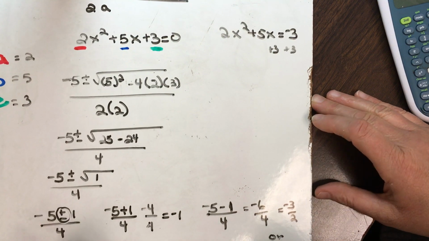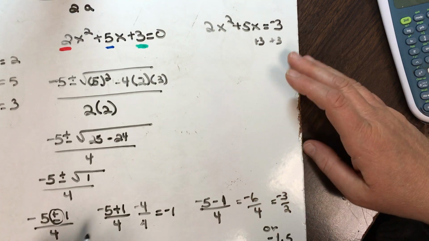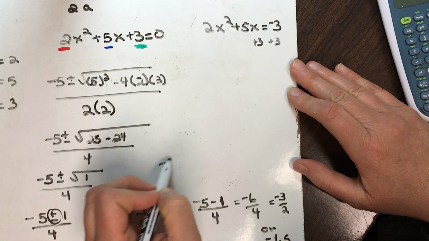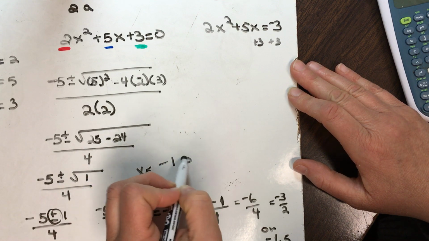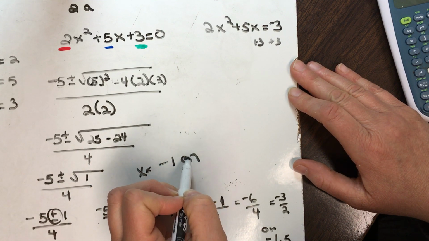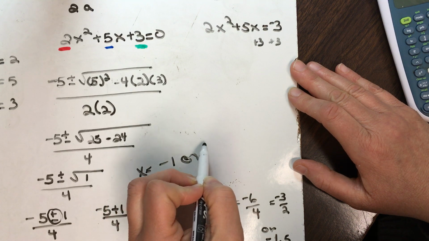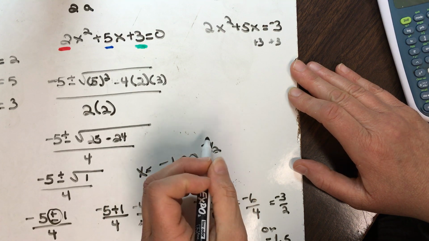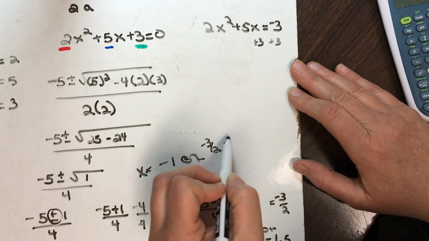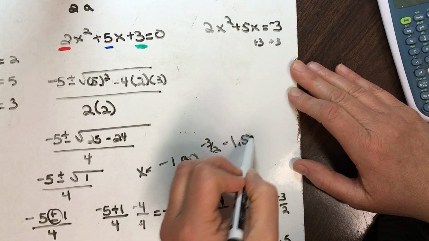Depends on what your directions are asking for here. So that's our 2 answers. We have x equals negative 1, or negative 3/2, which is also known as negative 1.5.